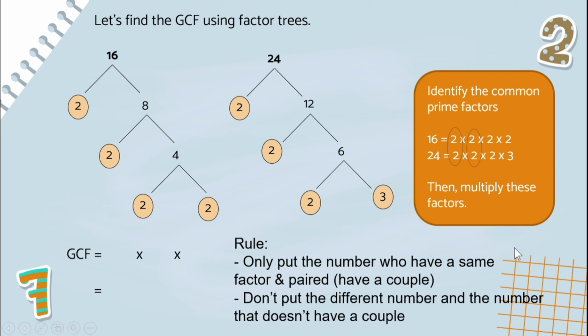So we have the first 2, the second 2, and the third 2. So the GCF will be 2 times 2 times 2. Don't put the last 2 in our GCF because it doesn't have a couple in the second row. So the GCF will be 8.